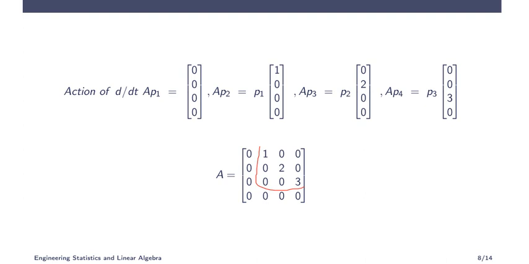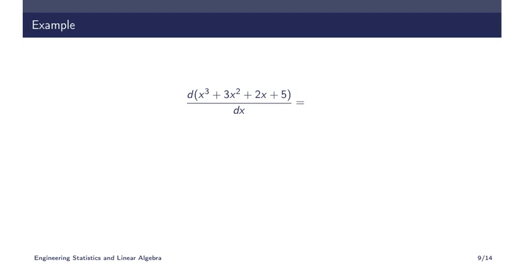Using this, can you find the differential of any given polynomial? Let's see an example: you have to find the differential of x cube plus 3x square plus 2x plus 5. Here the first basis is 5 p1, 2 p2, x square is p3, x cube is p4, right?